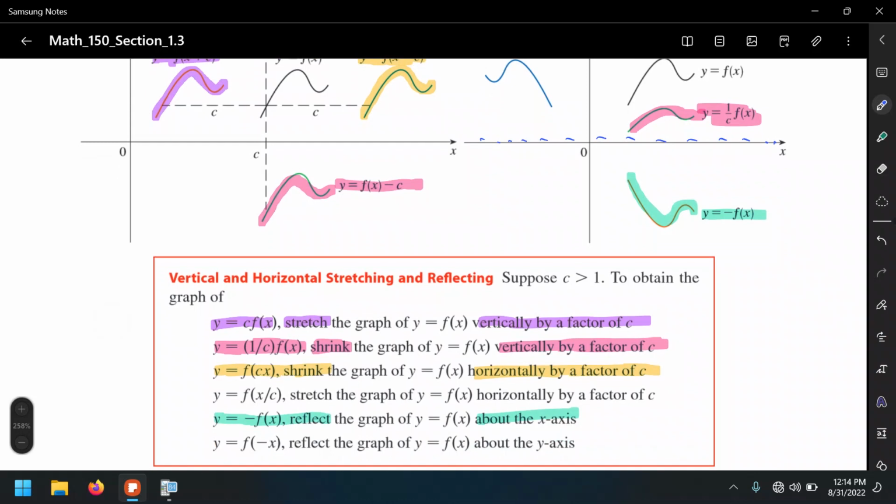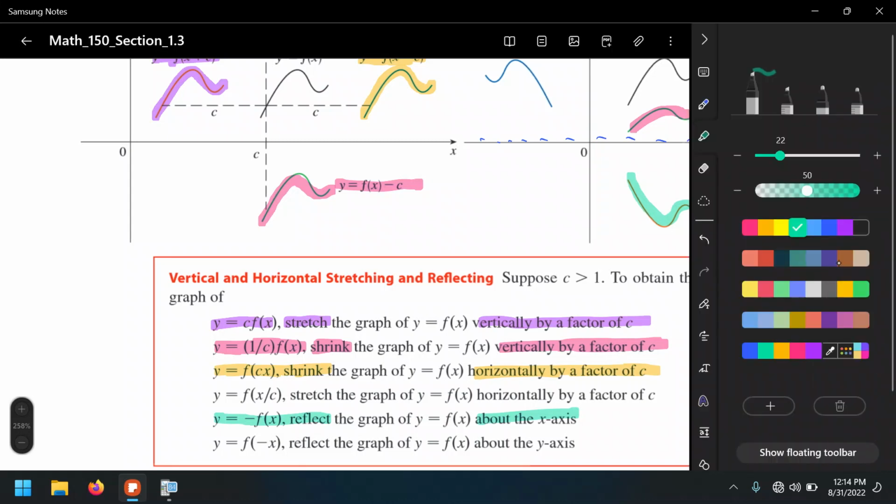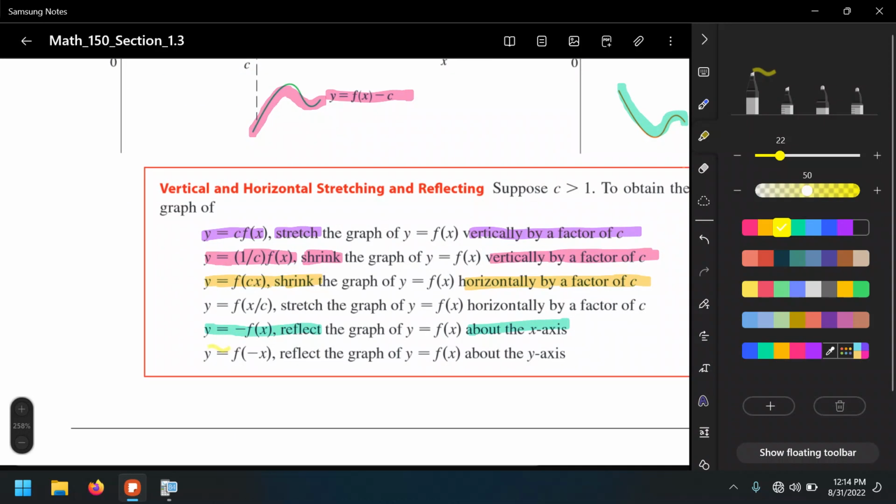But when we change the sign of the x's, on the other hand, we're getting the opposite sign of the x values. That means we get a function that is reflected about the y-axis. And the picture here is this.